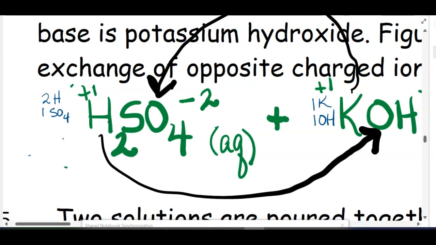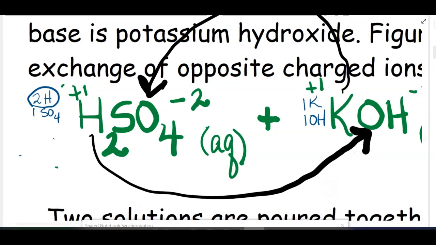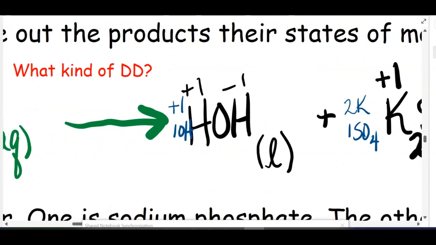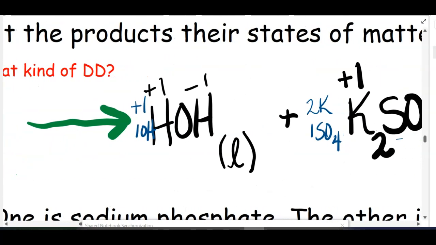Oh, look, this side has two hydrogen right here, but the other side only has one hydrogen. So what we're going to have to do is this. We're going to have to put a 2 in front of HOH. So that means now we have two hydrogens, but that also means we have two hydroxides.